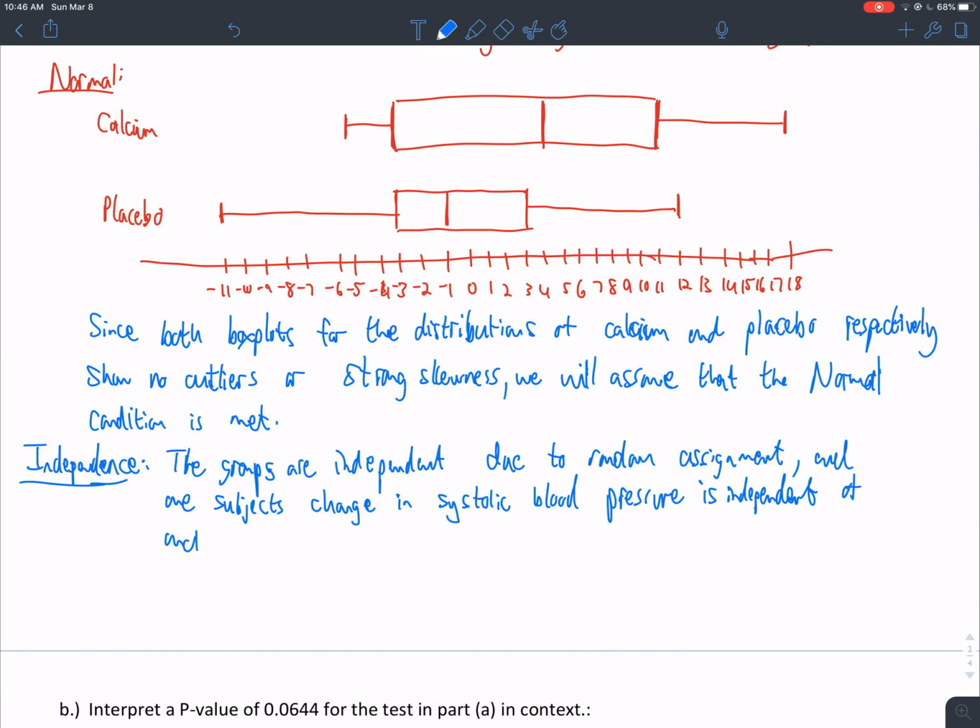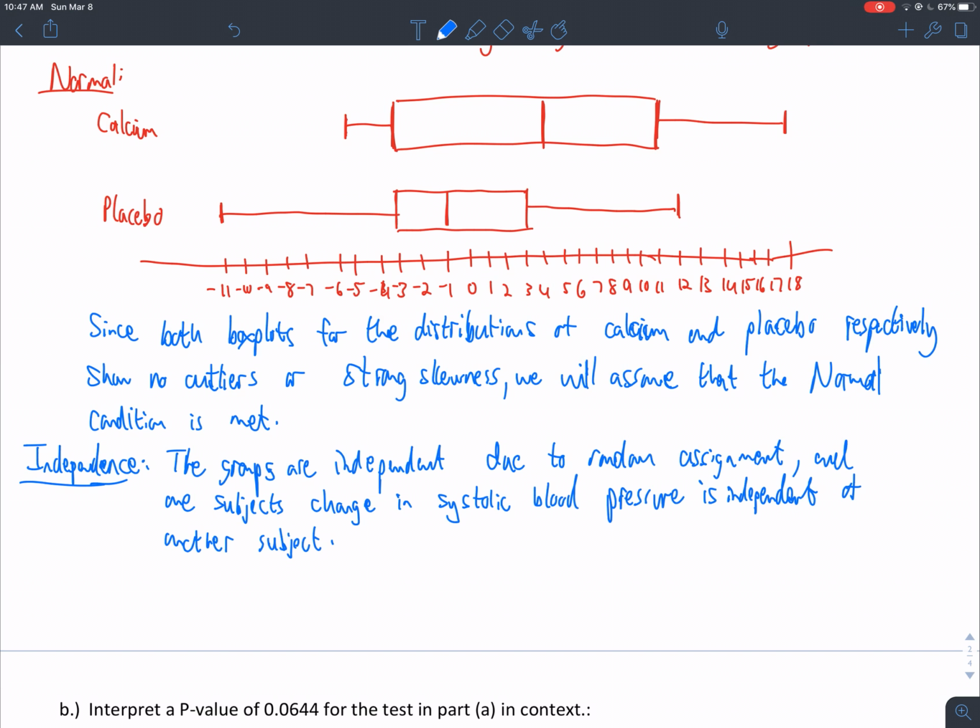And that seems reasonable. Okay? So you get independence between the groups from random assignment, and independence within the group because my change in systolic blood pressure will have no impact on yours. Alright, then we want to do the do and conclude steps.